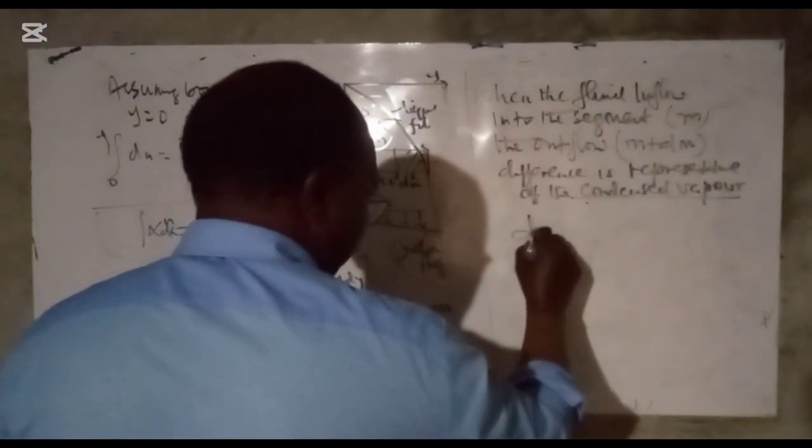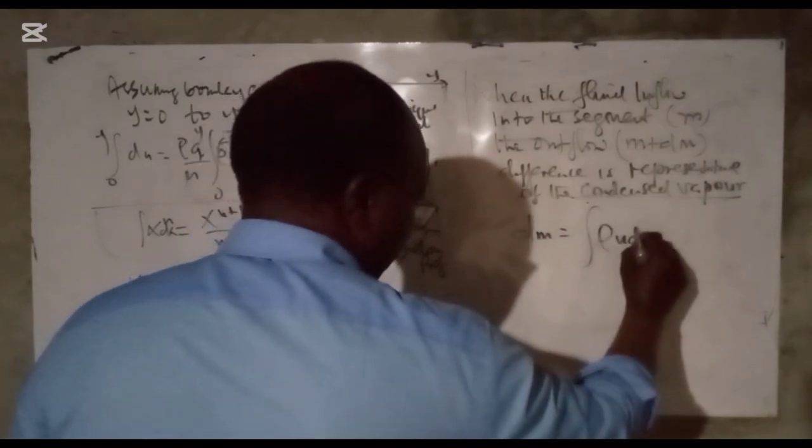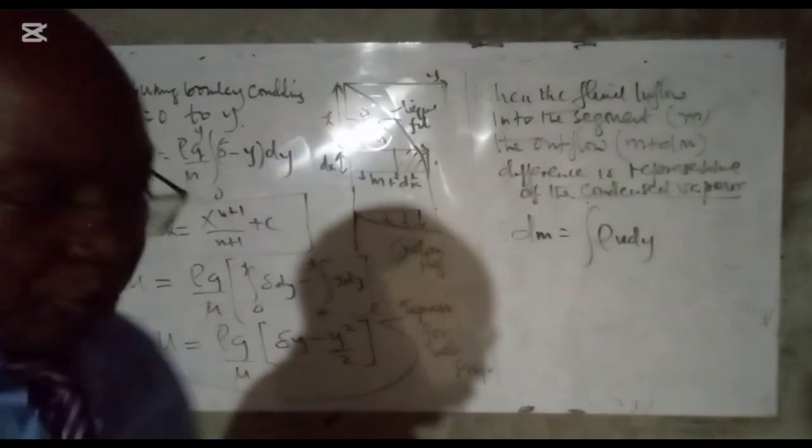Now, how do you get the amount? That amount, dm, is basically the density, integrate the density and the velocity. This is the continuity equation, which we have talked about quite extensively in several of our lectures, and I keep encouraging you to look at them.